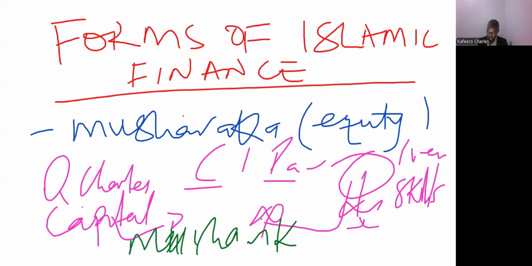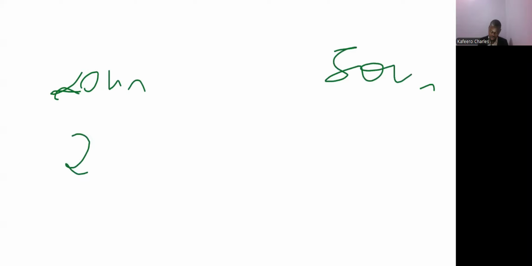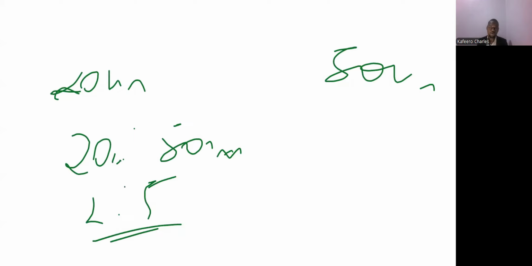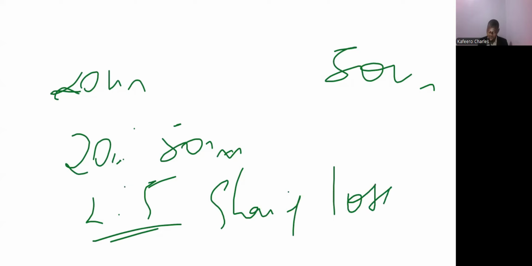If this person has brought in 20 million, the other has brought in 50, the ratio is going to be 20 to 50, and that will be 2 to 5. That will be the ratio for sharing losses. Losses are going to be shared in capital contribution ratios.